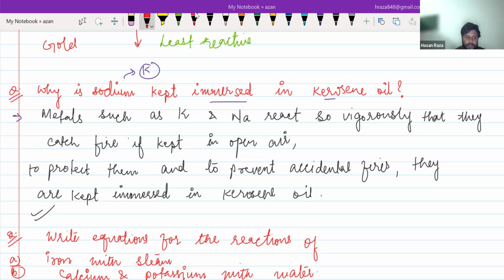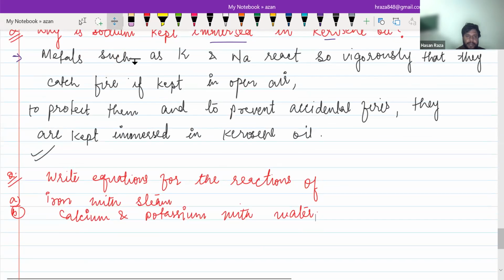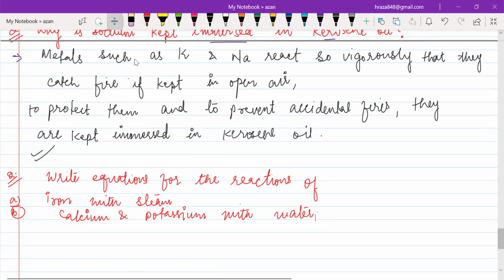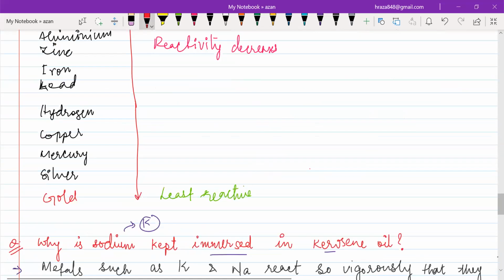Fe3O4 plus 4H2. Very good. Now next, calcium and potassium react with water.